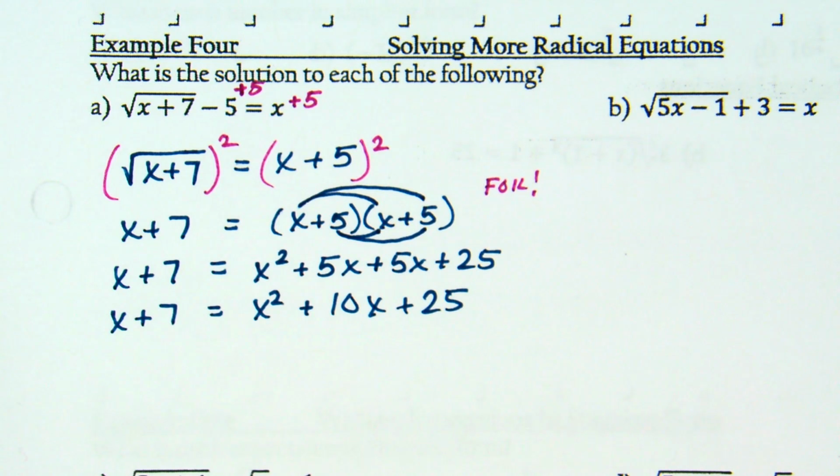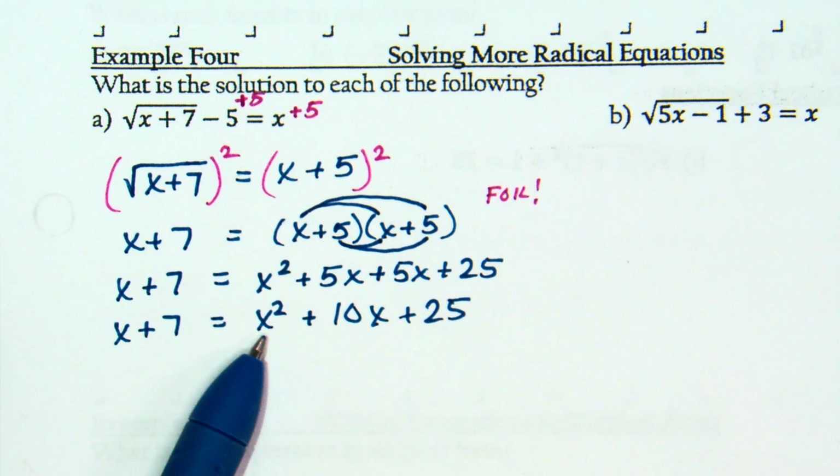But it's x's, numbers, and an x squared. Do you want the x squared by itself? If it was just x squareds and numbers, I would go for the x squared by itself. But I've got x squared, x's, and numbers.